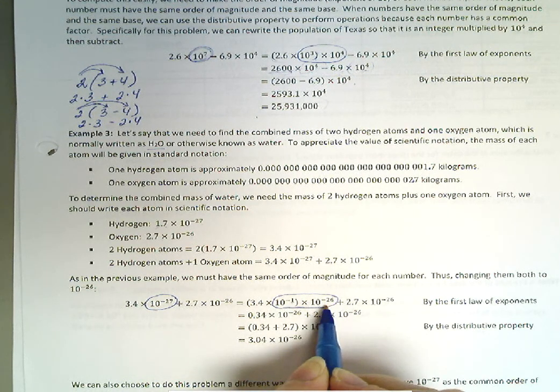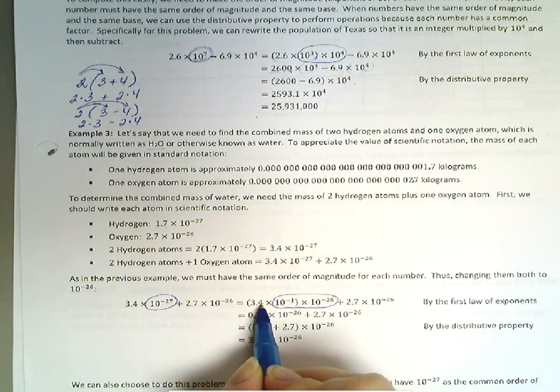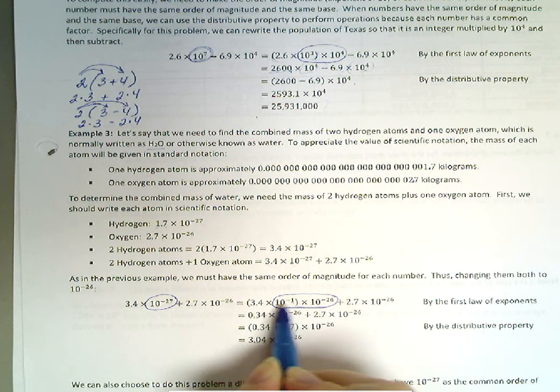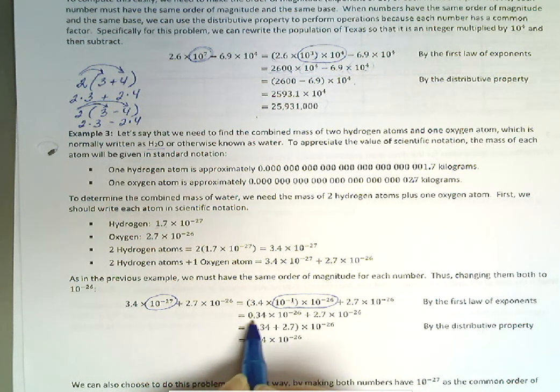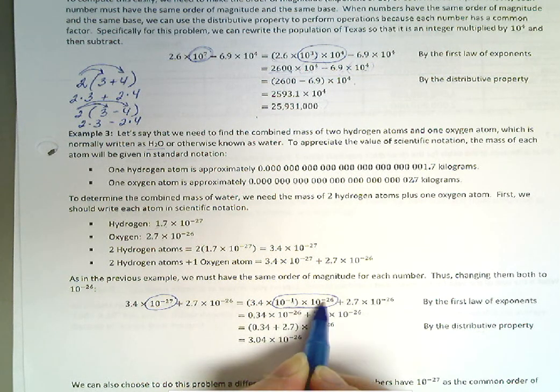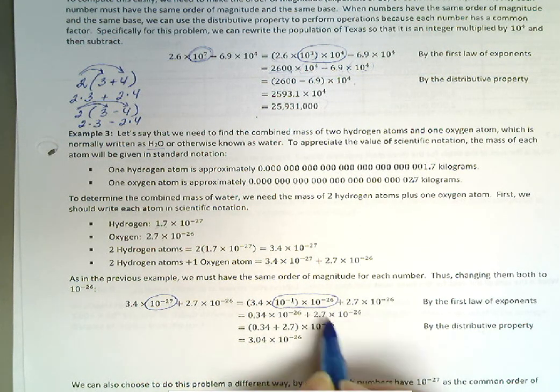After they decompose these two, they're multiplying 3.4 by 10 to the negative 1 to get rid of this number. So we are moving our decimal over once, and because it's negative, to the left to make the number smaller. So you get 34 hundredths times 10 to the negative 26th, and you're adding whatever is left, plus 2.7 times 10 to the negative 26th.